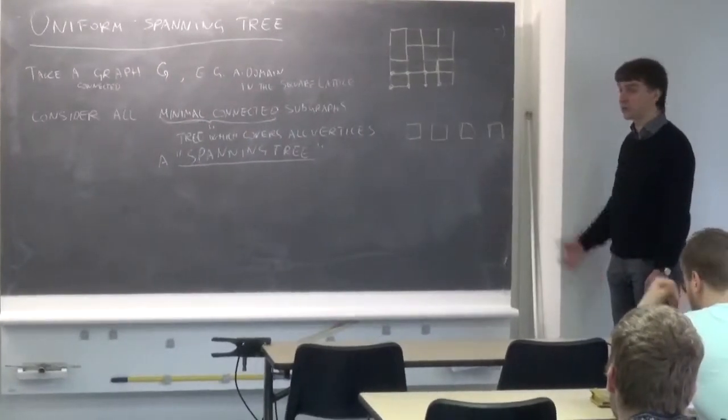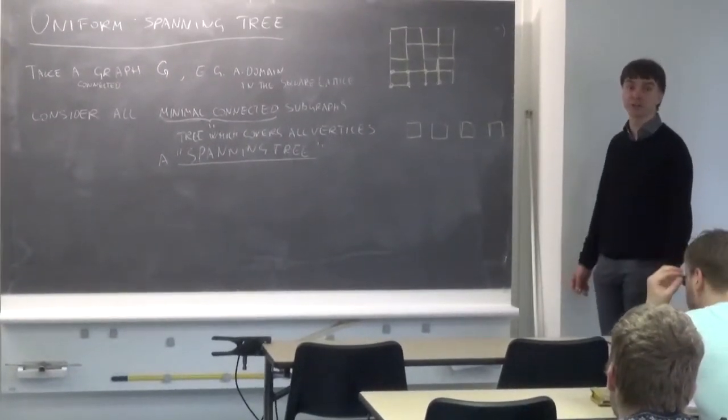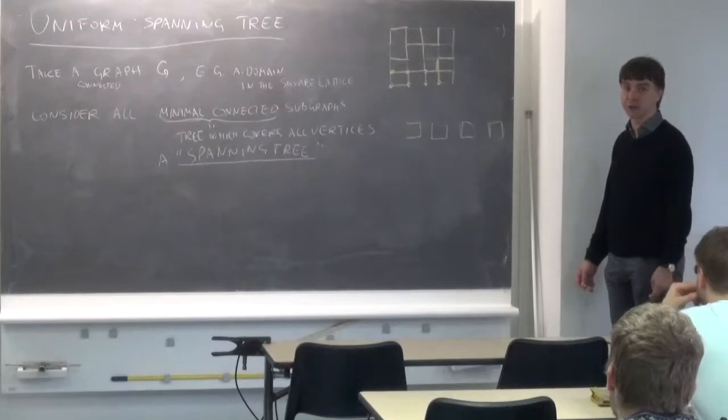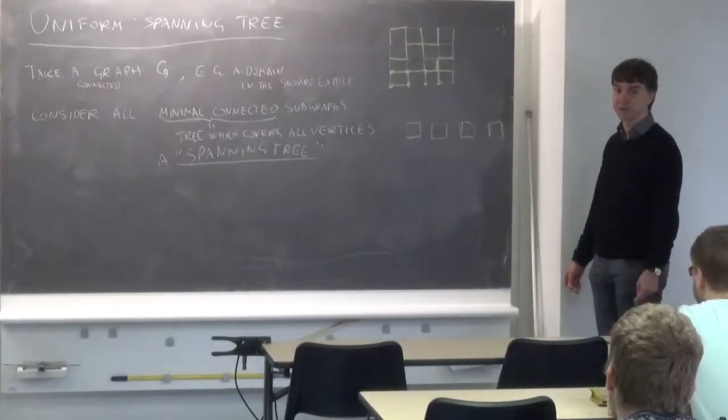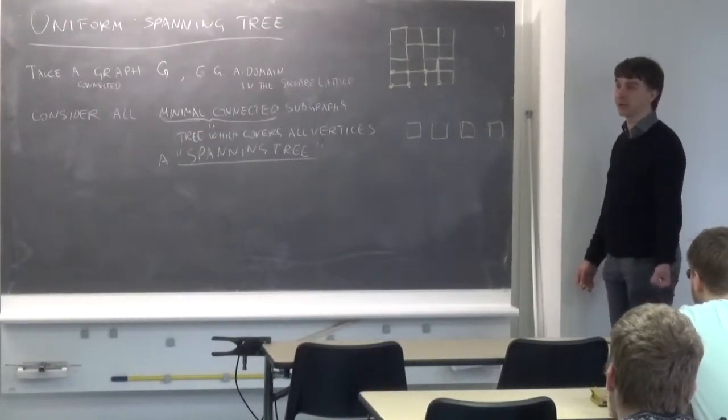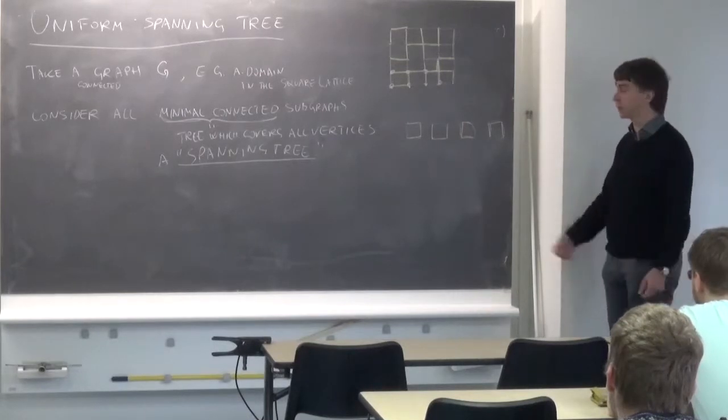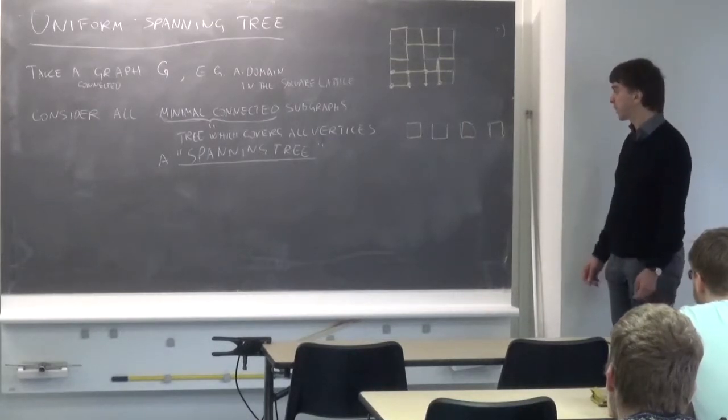And obviously all of them will have the same number of edges. They will have just one edge less than the number of vertices. If you have one vertex, you don't need any edges to connect. If you have 2, you need 1 to connect, and so on by induction.